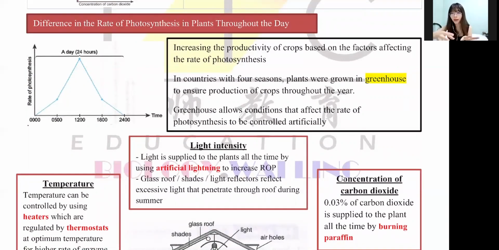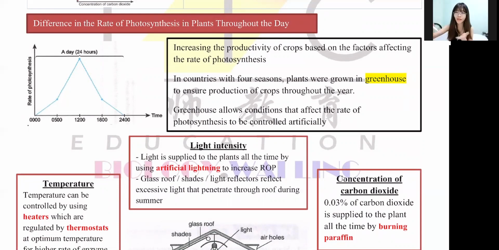Then it will cause the plants to have less time for photosynthesis. So it will affect the crop yields. It means the production of the crop yield will reduce. So it will affect the economy. To solve the problem, they will build a glass house. In this glass house, everything can be controlled. In Malaysia, we also have glass houses.